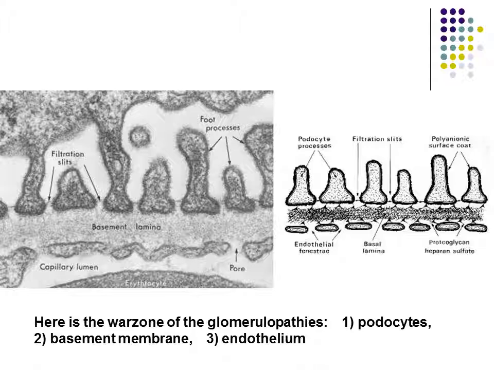This basement membrane consists of three zones: lamina rara interna, lamina rara externa, that is the outer and innermost layers, and lamina densa, which is an electron dense central part of the basement membrane. This basement membrane has a negative charge. Also these foot processes have negative charge, which repel the negatively charged molecule albumin back into the vessel lumen, and albumin is normally not passed through this basement membrane or through the foot processes.